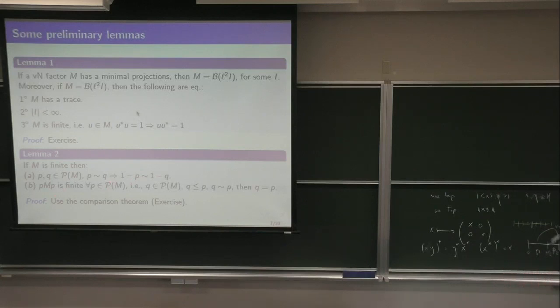Also, if M is finite, then when you cut a corner of it, all corners, in the sense we said before, will also be finite, meaning that if Q is a projection less than another and they are equivalent, then they must be equal. So you have that. Well, this is easy using the comparison theorem. The comparison theorem says the following.